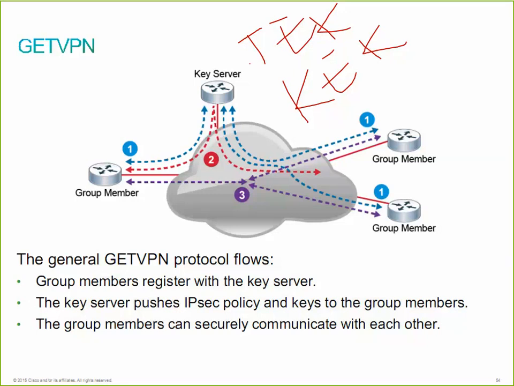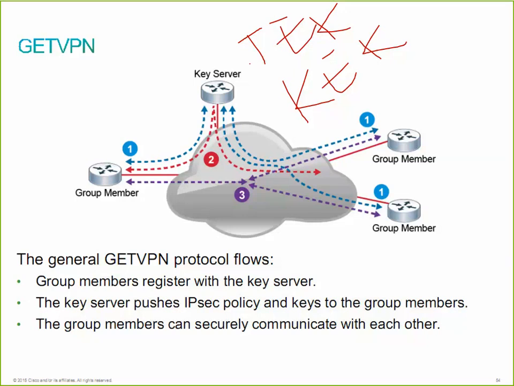Once the key server receives registration messages from a group member, it generates the information that contains the KEK, the rekey policy, and the IPSec SAs, which include all of the TEK attributes: traffic encryption policy, the lifetime, the source and destination information about the traffic that has to be protected, the security index ID that's associated with each TEK, and so on.